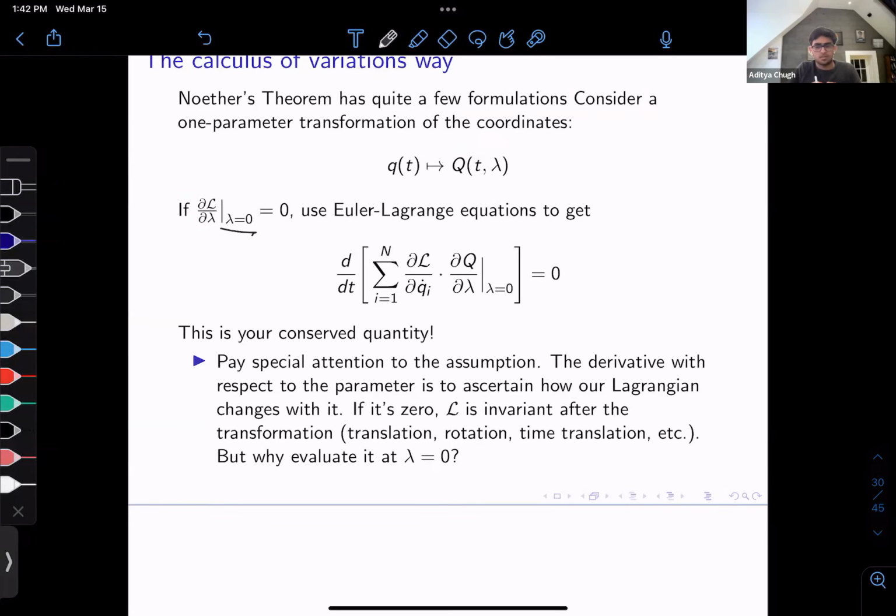And to have this convenience, we just imagine that we're making an infinitesimal change, and we're seeing how that's affecting our Lagrangian or equations of motion. And we'd want the Lagrangian to be invariant, which is why this derivative is 0. And we'll see how this infinitesimal change factors in.